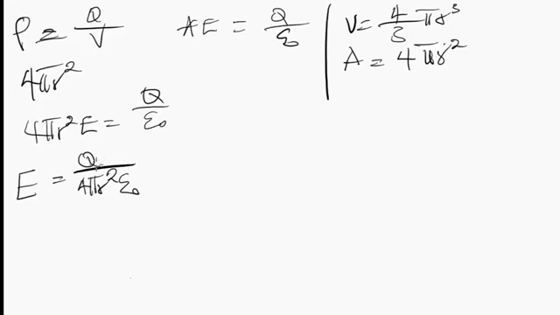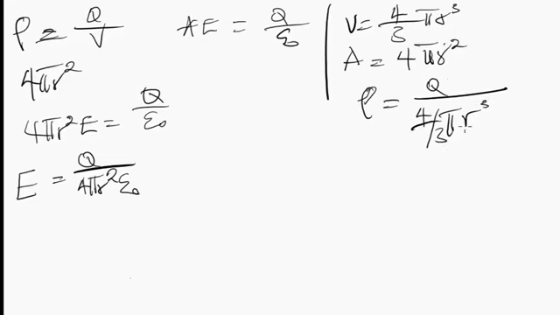Now, in this case, we want to replace our Q with the volume charge density. So we'll recall that the volume charge density rho is equal to Q over the volume, which is 4 over 3 pi r cubed.